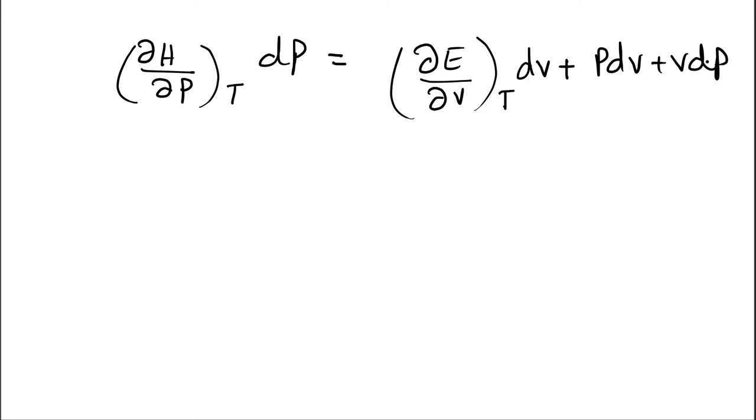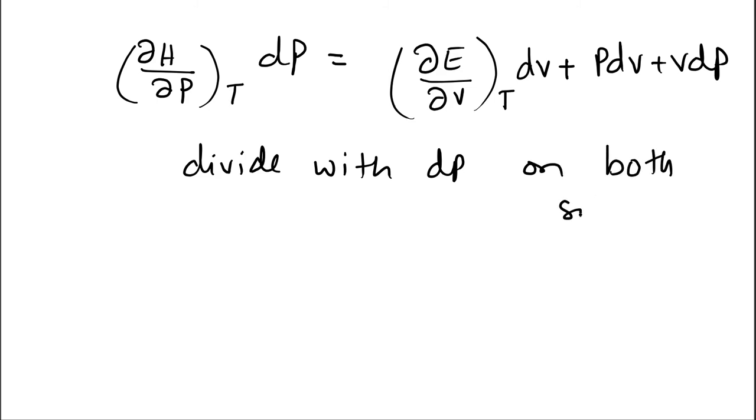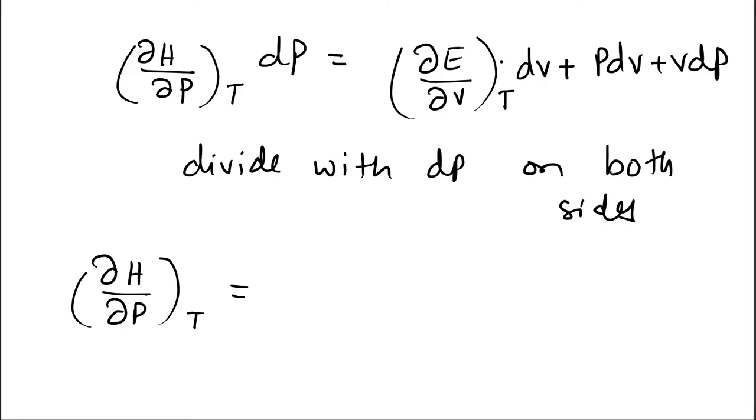Now let's divide on both sides with dP. So dP will cancel out on the left side. That simply gives ∂H/∂P at constant temperature, and that's equal to, here we have divided this, that means we get dV over dP.